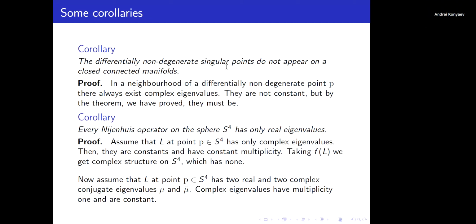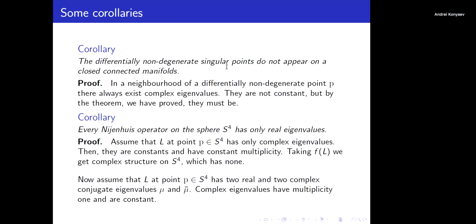How do we proceed? We take an arbitrary point P and assume that it has only complex eigenvalues, 4 complex eigenvalues. The sphere is a real manifold. That is why they come in pairs of conjugate eigenvalues. So we take FL and we get a complex structure on S4. That's it. Okay, it's impossible.